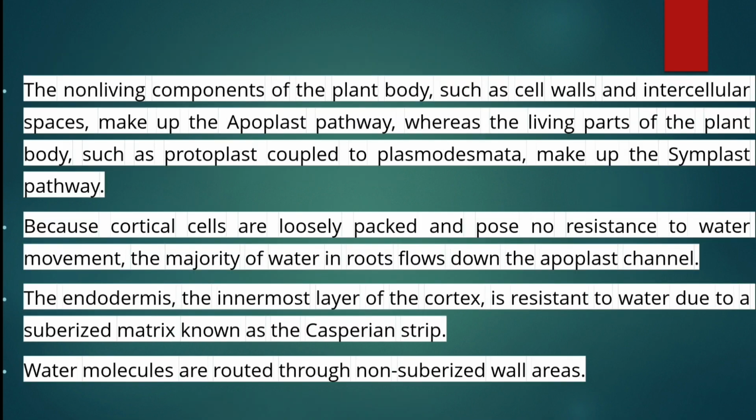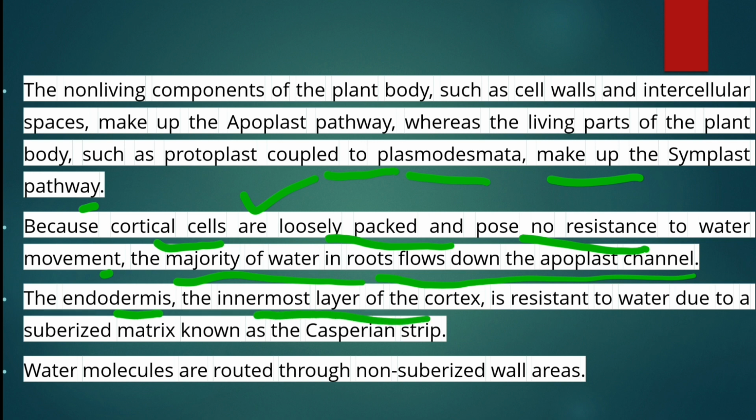Through the apoplastic pathway, the water can move through non-living components of the plant body, such as the cell wall and intercellular spaces, whereas the living part of the plant body, such as protoplasts coupled by plasmodesmata, makes up the symplastic pathway. Because cortical cells are loosely packed and pose no resistance to water movement, the majority of water in the root flows down the apoplast channel.